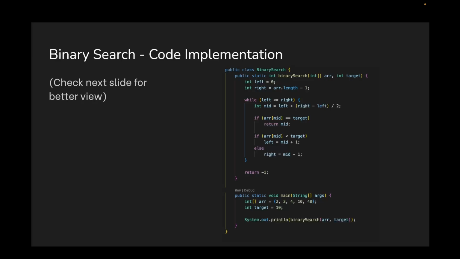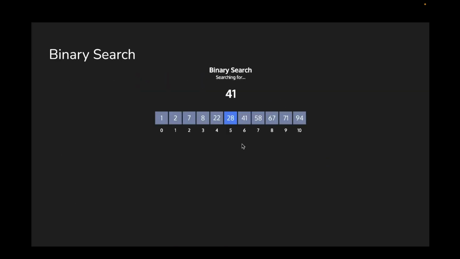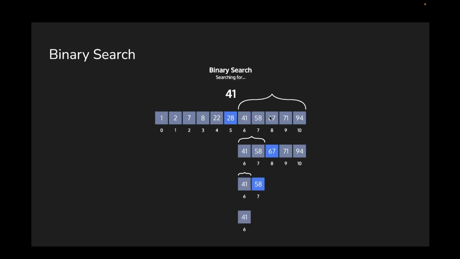Oh, there is a question in the chat. Can we also search from right to left, or is it only from left to right? So the searching that you're doing, it's not necessarily from right to left or left to right. You find a value and then you check whether your target is greater than or less than or equal to that value. If it is, then you check the left side, or if it isn't, then you check the right side. So it kind of depends on how you're doing it.